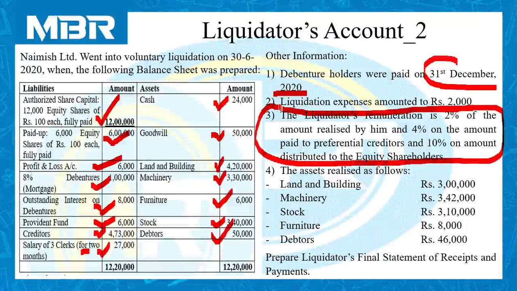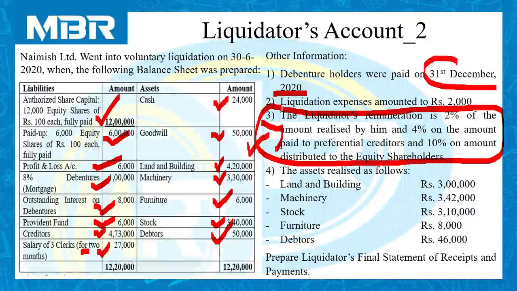The liquidator's remuneration is 2% of the amount realized by him by selling the assets, and 4% on the amount paid to preferential creditors, and 10% on the amount distributed to the equity shareholders. For this question, the calculation of liquidator's remuneration is playing an important role because remuneration to the liquidator is based on 3 different aspects.